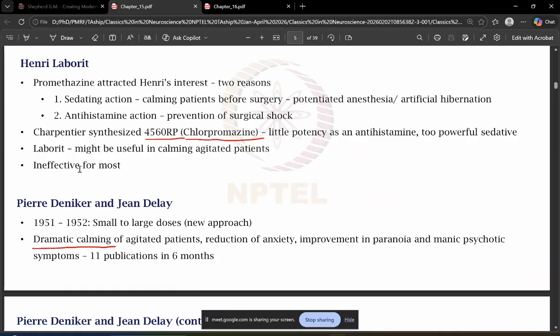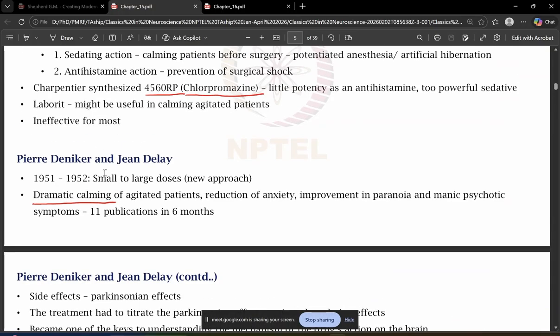He recommended to several of his friends and colleagues in psychiatry that they try using it for calming agitated patients. But when they used it, according to them, it was ineffective in most cases.